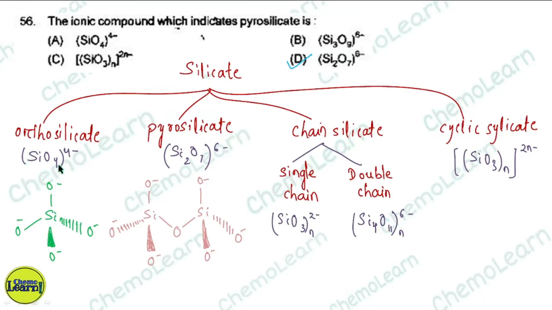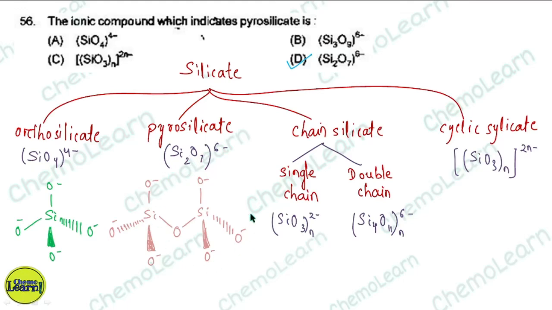Orthosilicate has formula SiO4 4 minus. There is one tetrahedral unit which contains a silicon atom at the center and O minus. Pyrosilicate has formula Si2O7 6 minus. Option D, in option D we have Si2O7 6 minus.